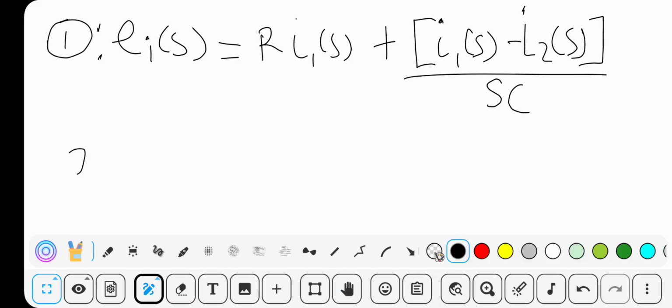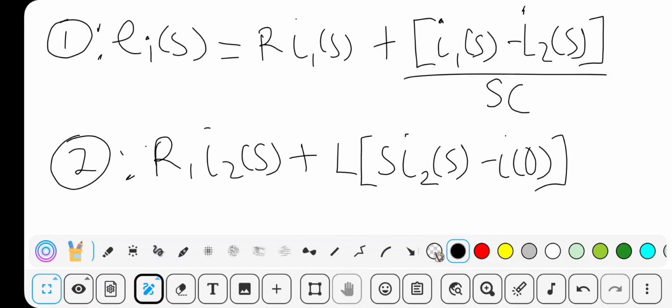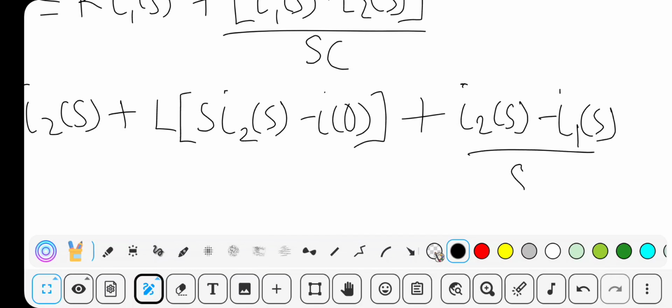So, for the second equation, R1 I2 of S plus L S, taking the Laplace transform of the derivative, dI2 over dt, plus I2 of S minus I1 of S over SC is equal to 0.